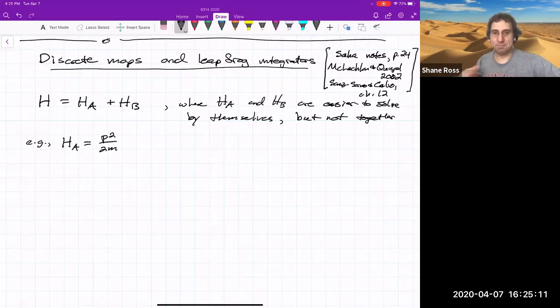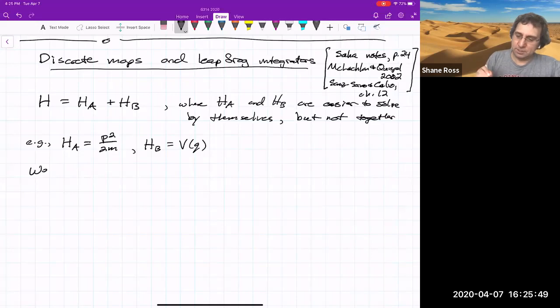And we know how to solve something that's just evolving under kinetic energy. It's that example up above, the free particle. Free particles just go in straight lines and don't do anything interesting. The other part of the Hamiltonian might be the potential energy. And it's not so obvious what something evolving under only potential energy and not kinetic energy looks like. But it would be easier because HA depends only on P and HB depends only on Q. So there should be some simplification that goes on there.